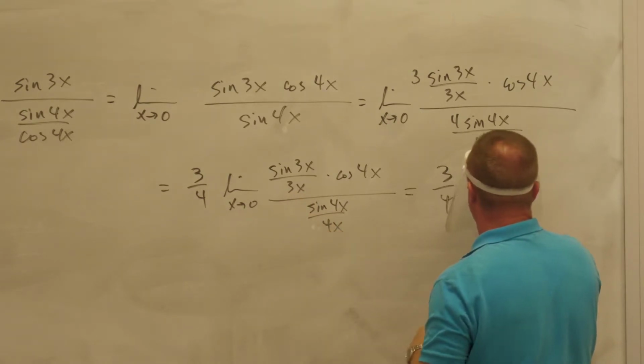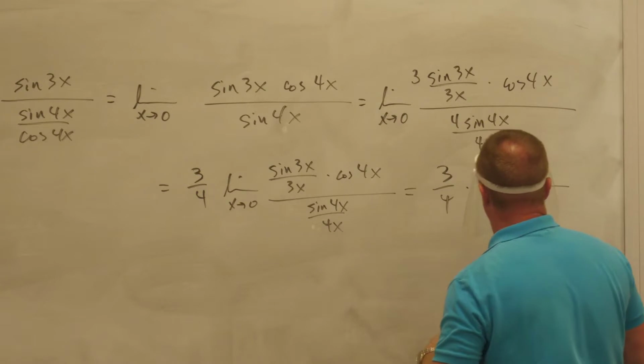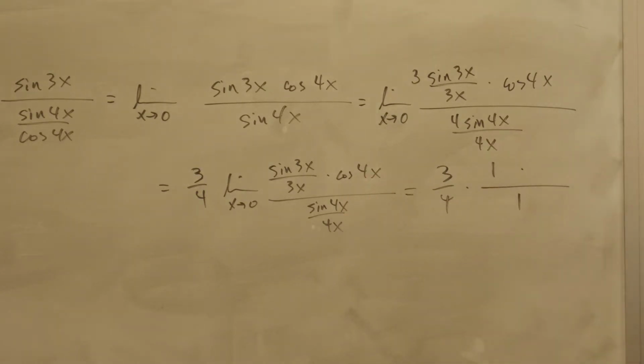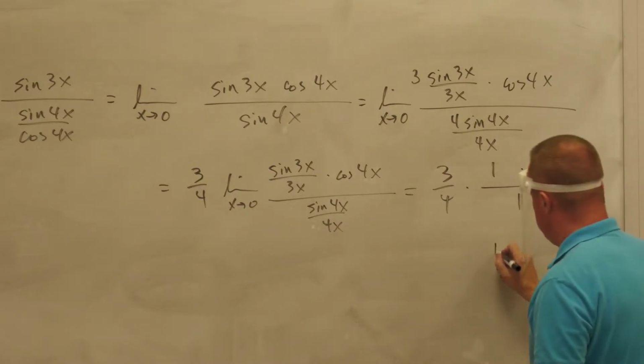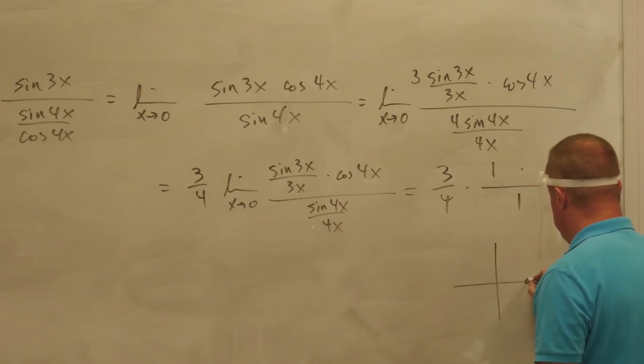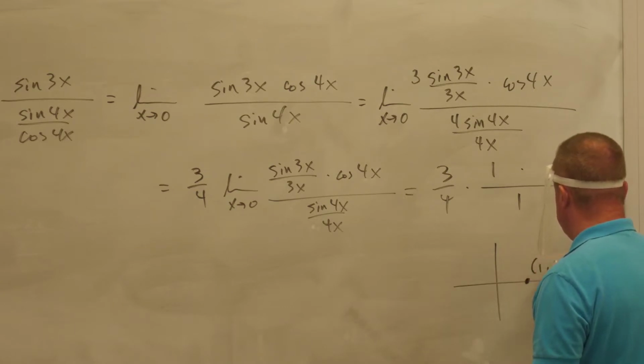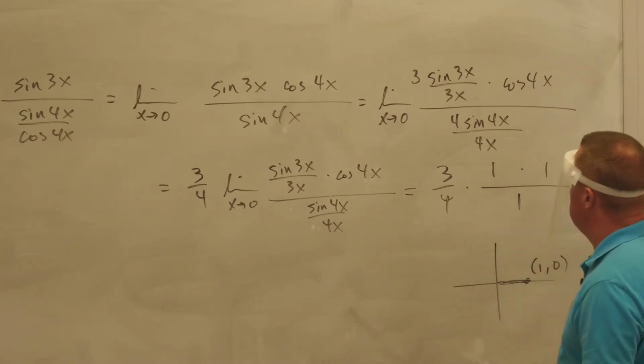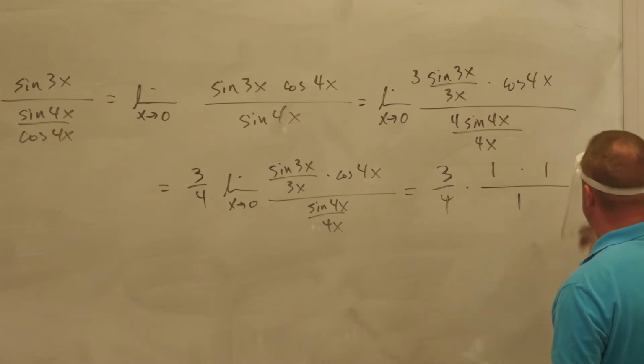So I've got 1 times something over 1. The limit as x approaches 0 of the cosine of 4 times 0, which is 0. If you remember your unit circle, this point right there is (1, 0). What would the cosine be there at 0? 1, the x coordinate. So cosine is also 1. 3/4.